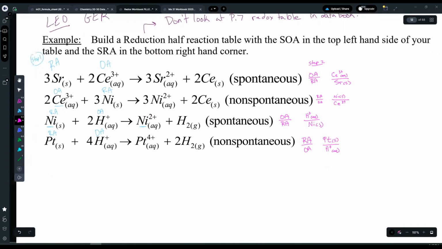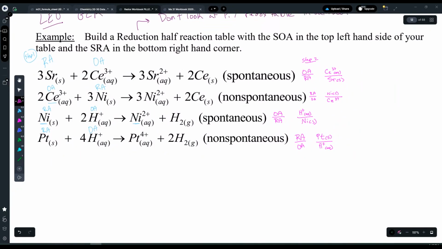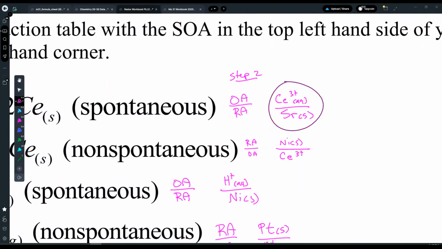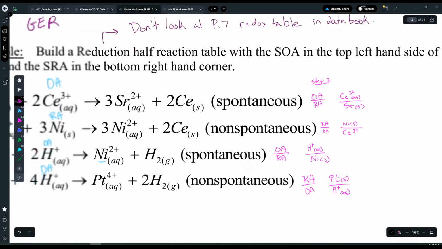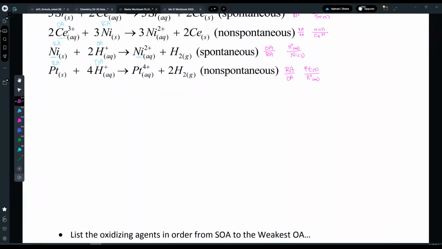Okay, so for the next step, you're going to want to leave some space between what you're filling out. Okay, but I'm just going to start with the first one. So we said that we know that cerium 3+ is above strontium. Okay, so let's see how much space I have. We'll say cerium 3+ is here.